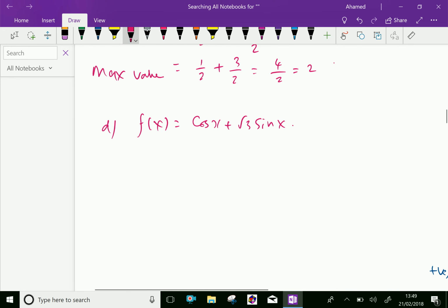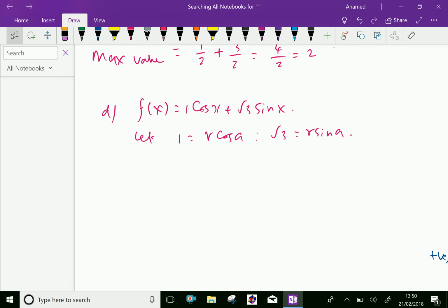So let 1 equal r cos a, and root 3 equal r sin a.